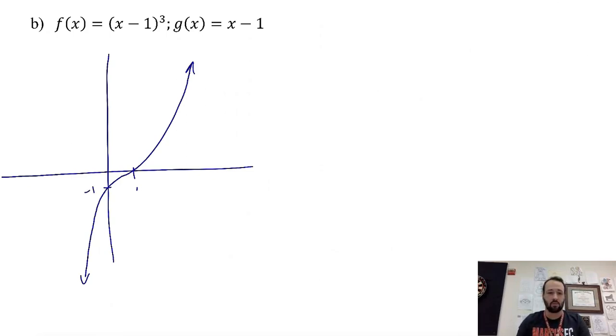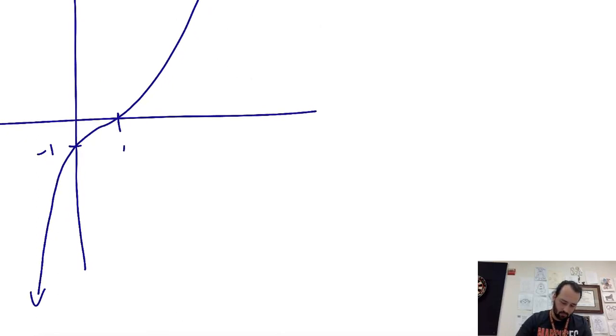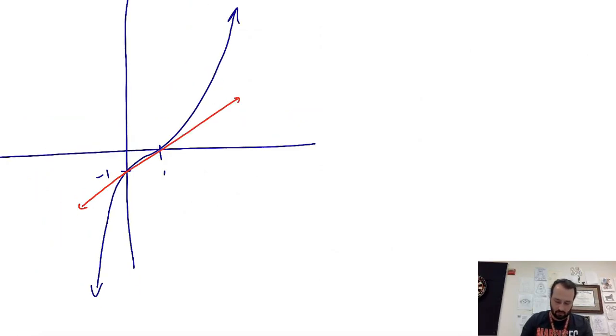It's a cubic, so it starts at the bottom, ends at the top. And then I have x minus 1 as just a line that also goes through these two things. So I probably need a better graph.